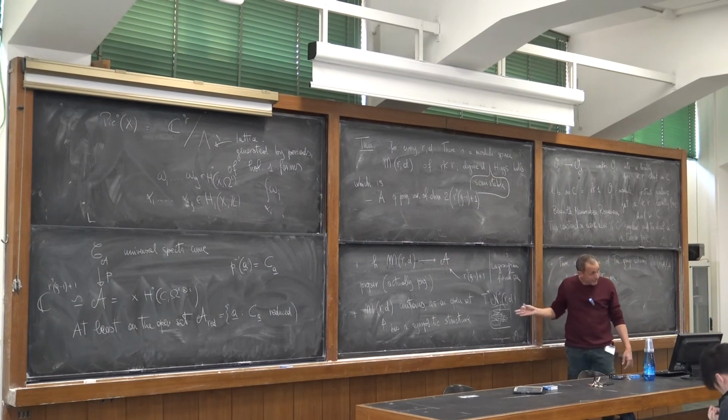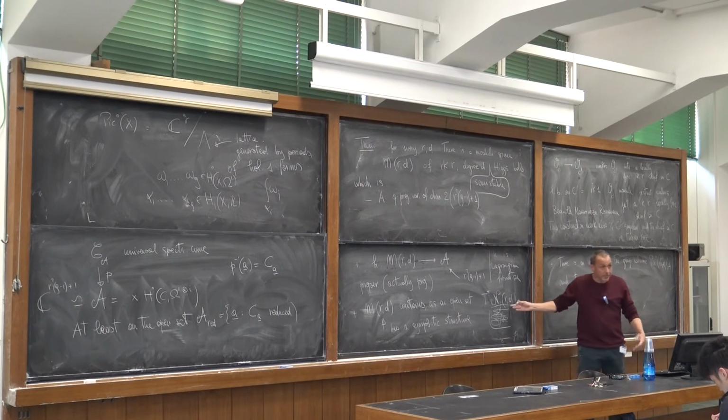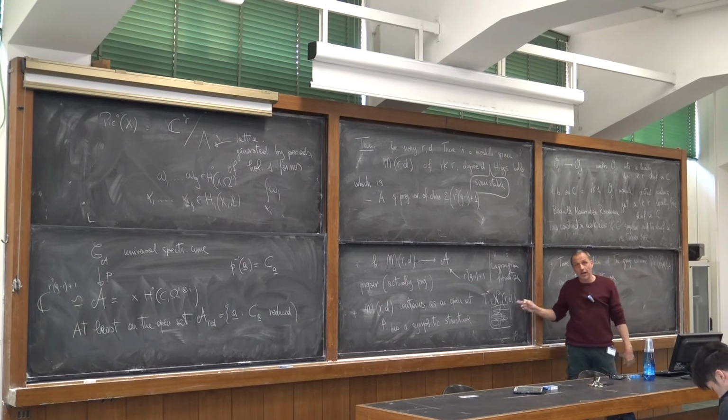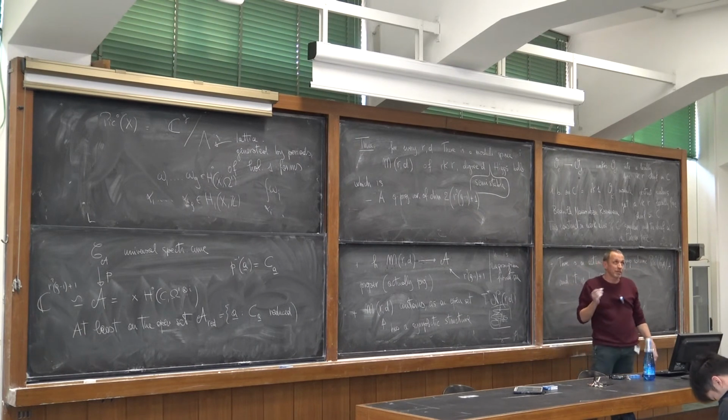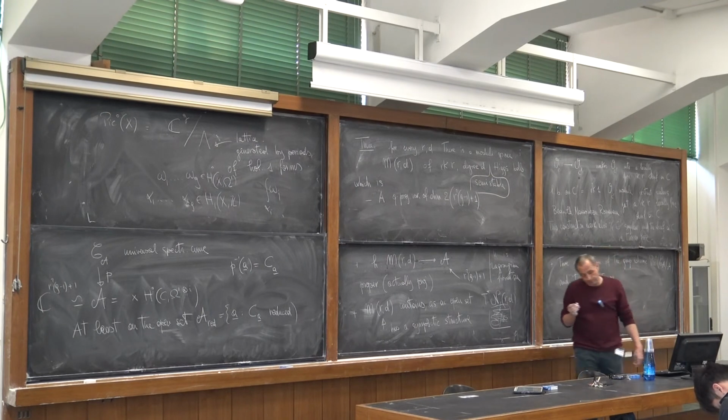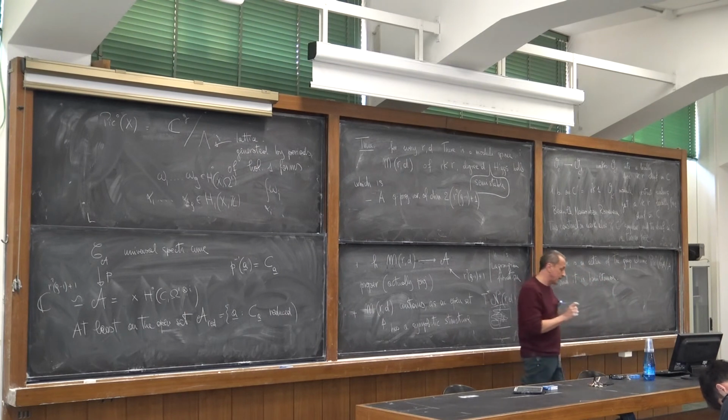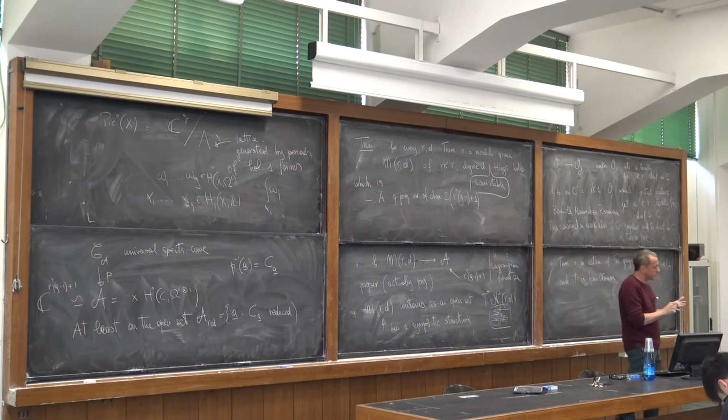I mean, you can say what they are. They are semi-stable Higgs bundles, but not as vector bundles themselves. The definition of semi-stability of a vector bundle means that there is no subbundle which transgresses an inequality.